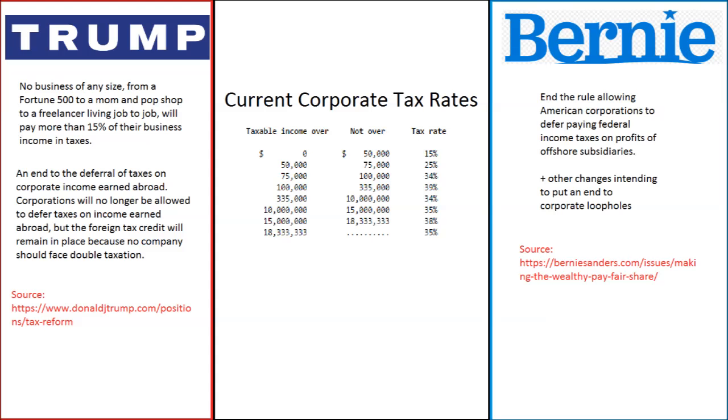So in that regard, I think that both candidates agree. The big difference here is that Donald Trump would make the maximum tax rate 15%, and I think that he just wants it to be all around, any corporation, no matter what their income is, going to pay a 15% tax rate.